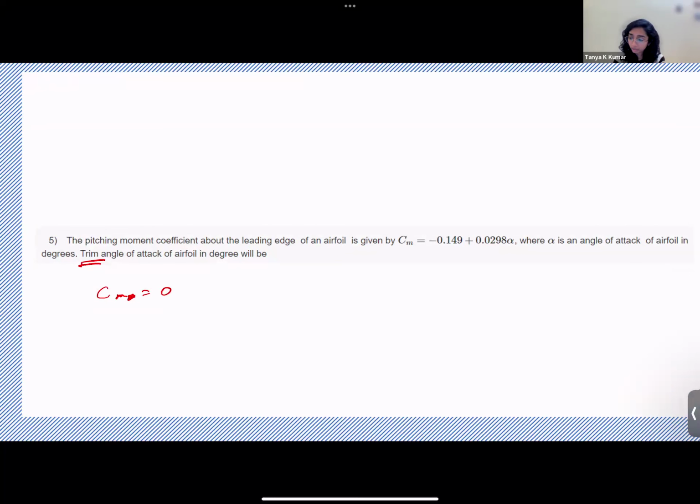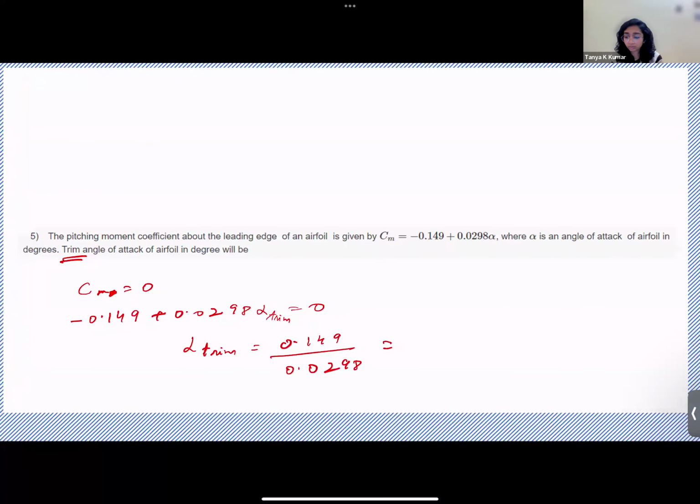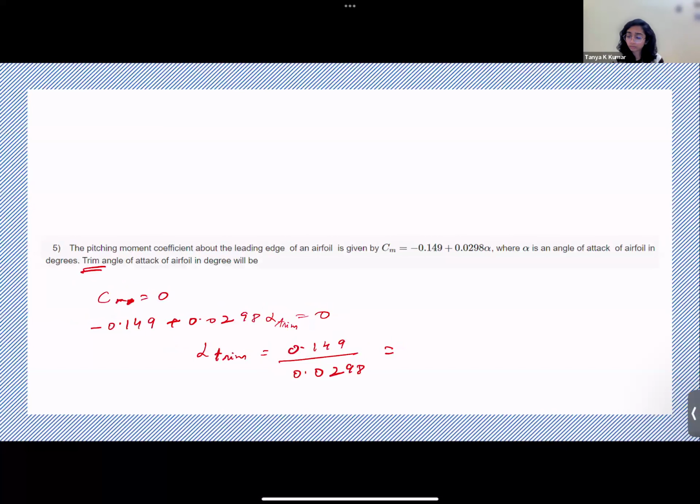So it will be minus 0.149 plus 0.0298 alpha equal to zero, alpha trim. So what is alpha trim? 0.149 by 0.0298. What is this value? 5 degrees. Correct. So that is the trim angle of attack.